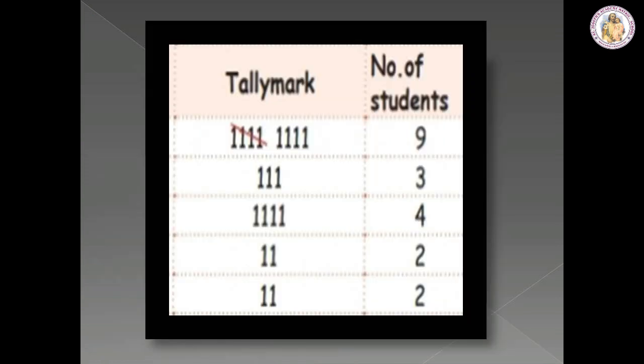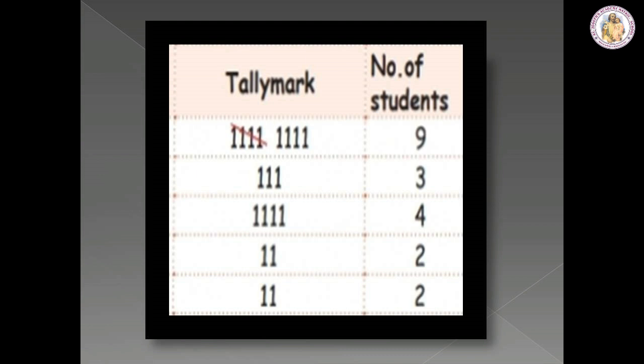Let us learn what tally marks are. Can you see the tabular column, tally marks and number of students? First one, there were 4 lines struck through with a red line. That denotes 5. Apart from that, there were 4 more lines. 5 plus 4 is totally 9.